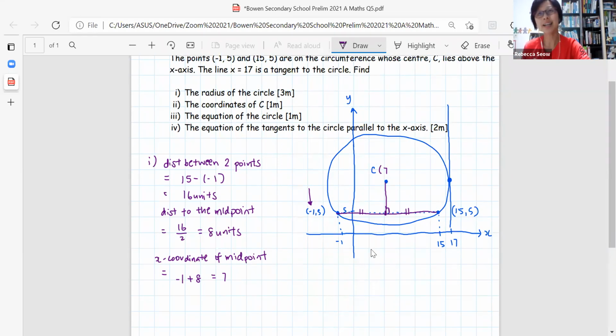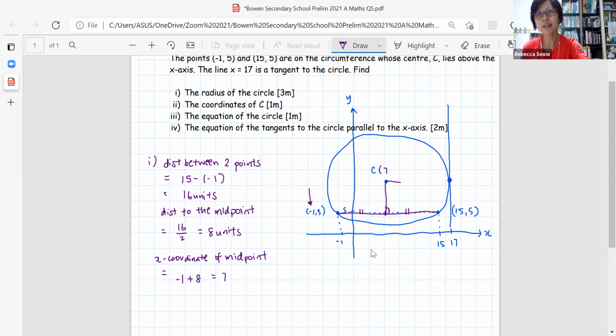Since the x-coordinate of the center is 7, and the tangent to the circle is x equals 17, at this point x equals 17, and this is x equals 7.